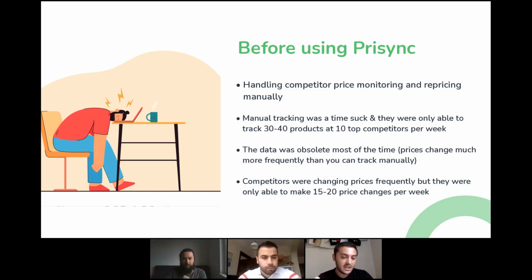And for the same reason, they were not fast enough to respond to the needs of a competitive market by changing their prices. So at some point, they decided to automate this whole process from beginning to end.